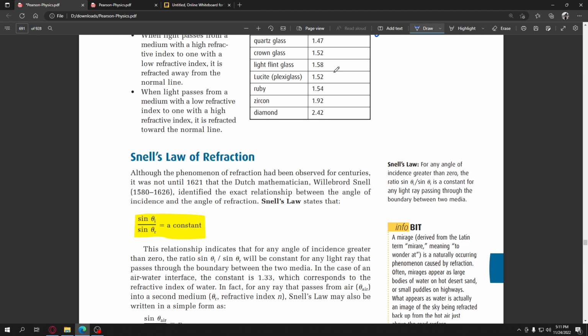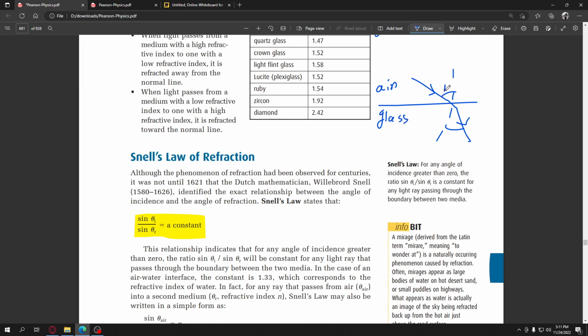So what does Snell's law say? Snell's law says that when light passes through two mediums and some sort of refraction takes place, right? Something like that. This is a very extreme example, but you get the point. Let's say this was air and this was glass.